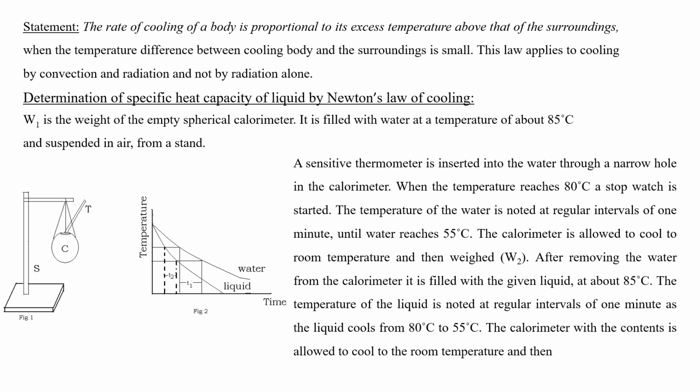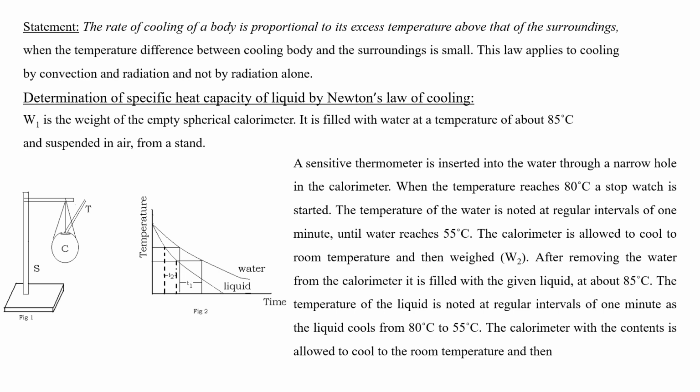Therefore, we can use this method to determine the specific heat capacity of a given liquid by Newton's law of cooling. The specific heat capacity is the amount of heat needed to raise the temperature of 1 kilogram of a substance by 1 degree Celsius.